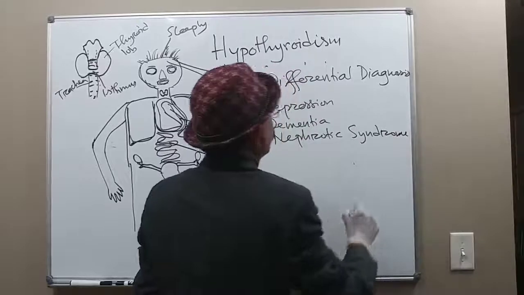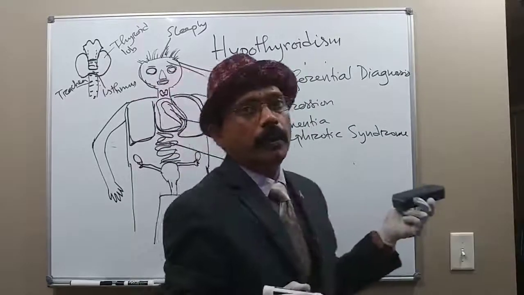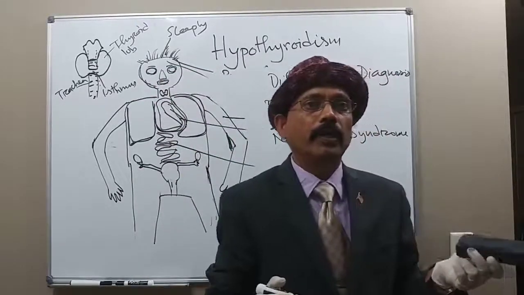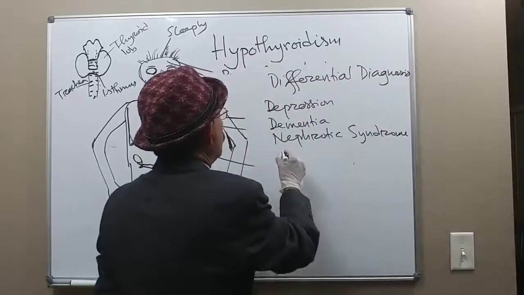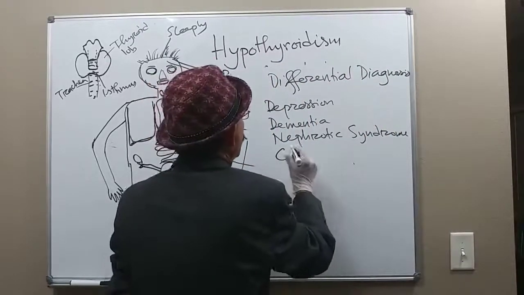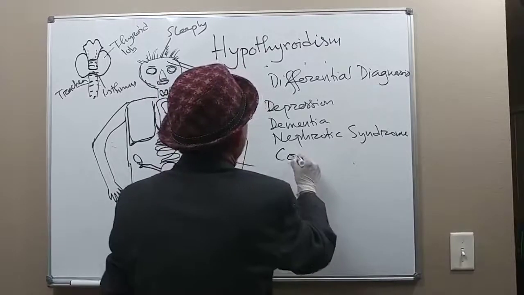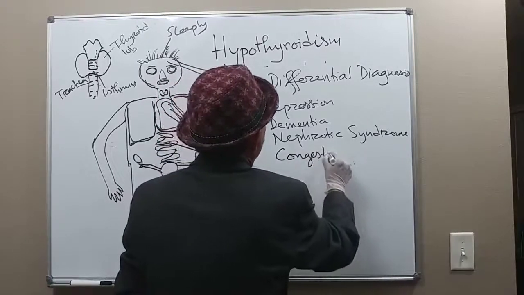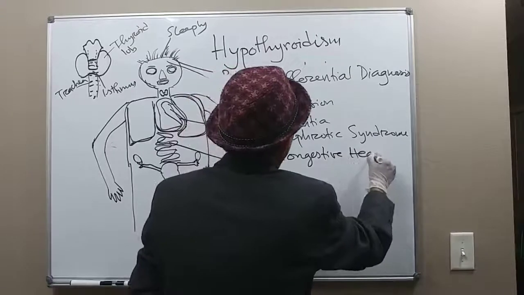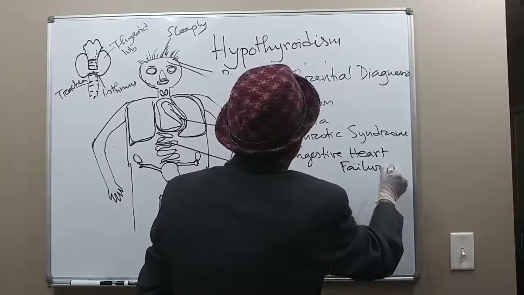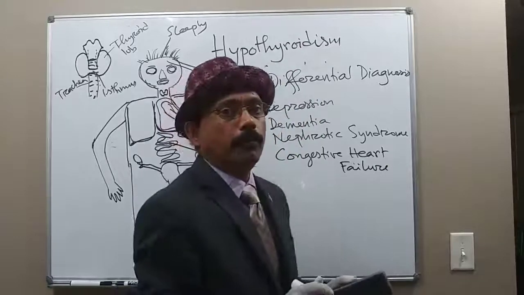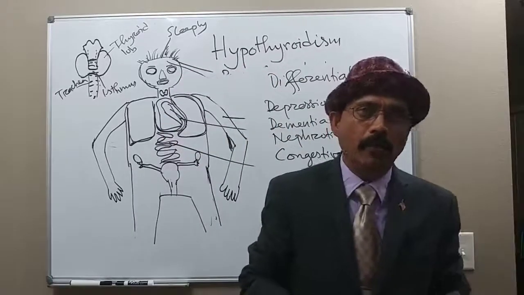Okay, so that may happen. We may get many other differential diagnoses. It may look like congestive heart failure. So these are the differential diagnoses of hypothyroidism. We may add a long list.